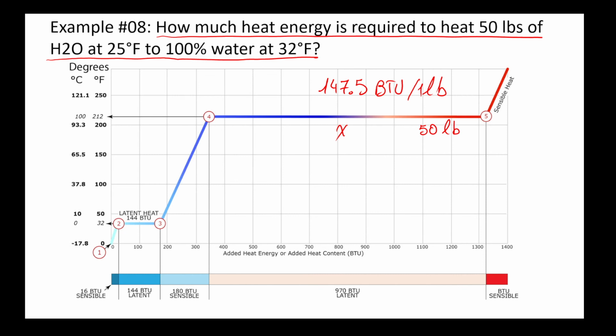X equals 50 times 147.5 divided by 1, and that gives you 7,375 BTUs. That's how much heat is required in this example.